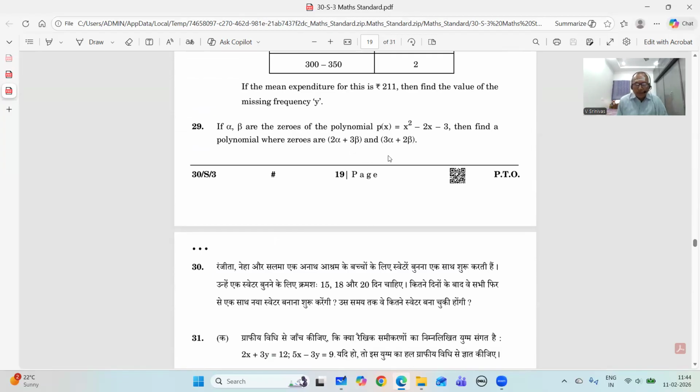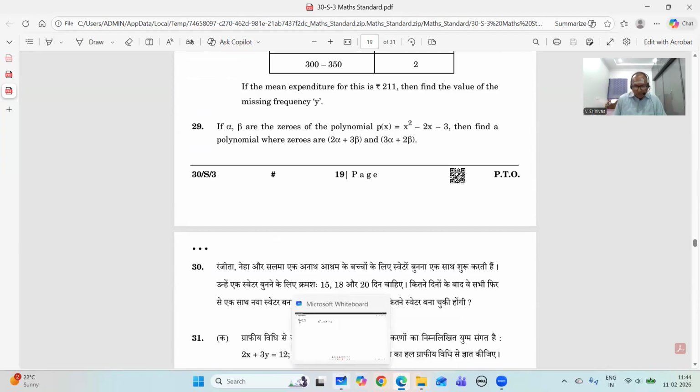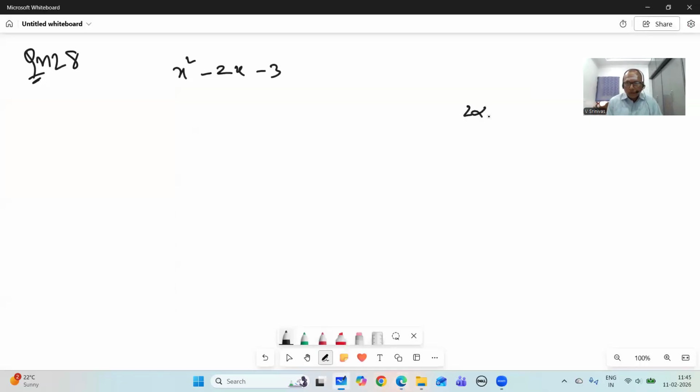We need 2 alpha plus 3 beta and 3 alpha plus 2 beta. So let us factorize, make this equal to 0.